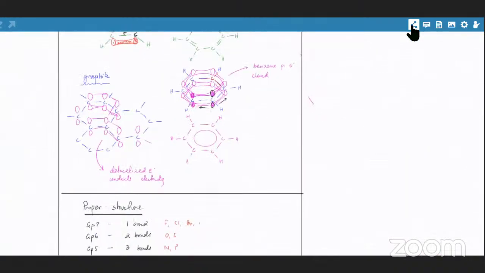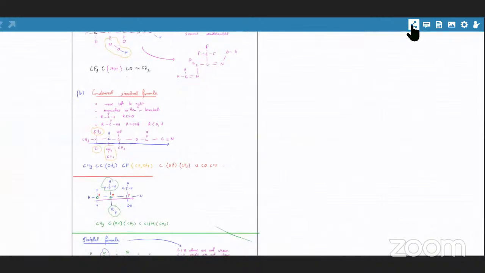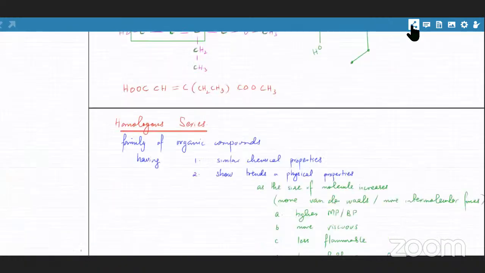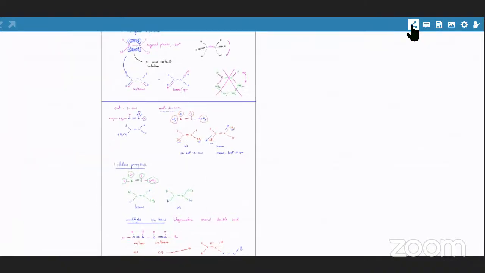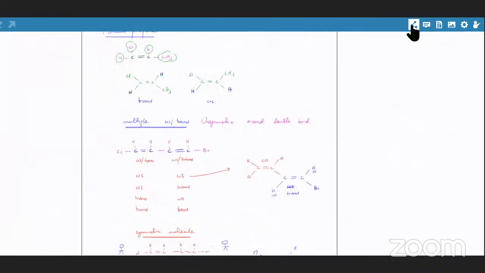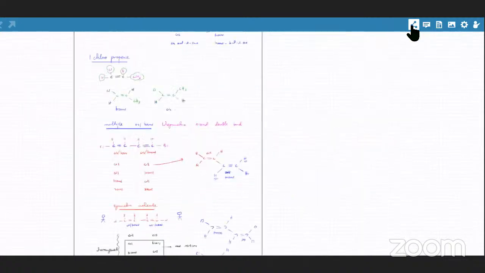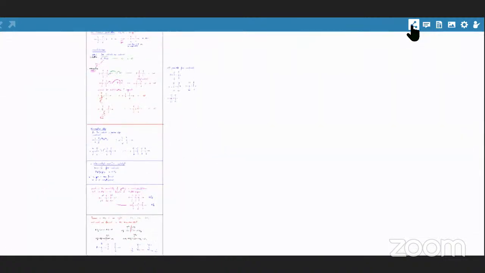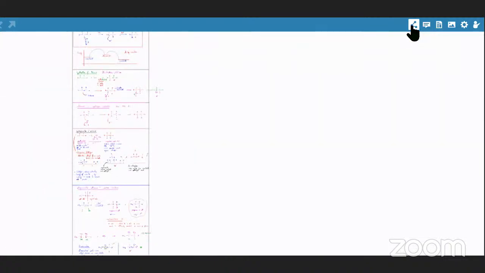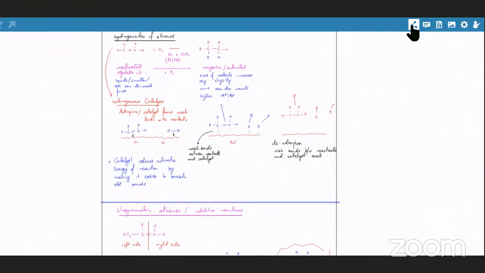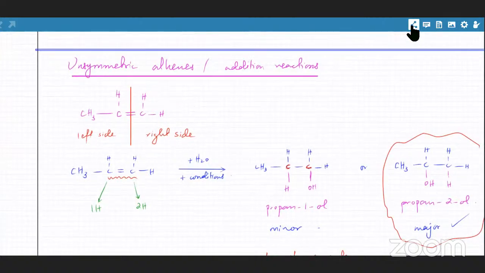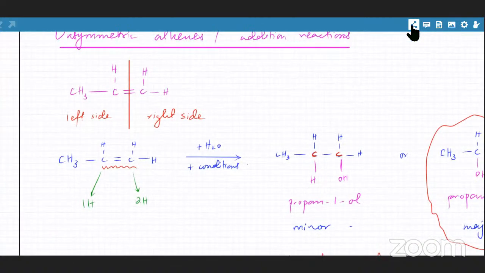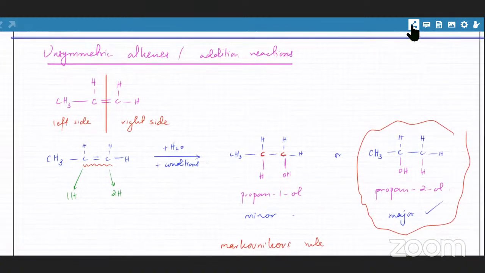So when it comes to Markovnikov's rule, let's see where's Markovnikov's. So over here, you're getting these addition reactions. Now unsymmetric alkenes, this part. So the question is, why are we getting this Markovnikov's rule?